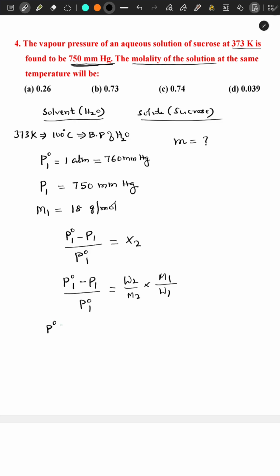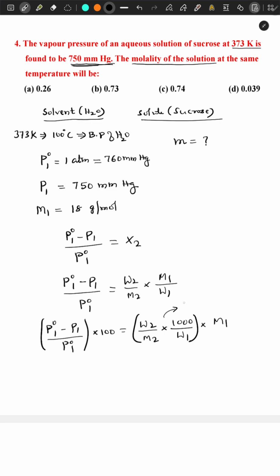So if you multiply by 1000, you will get P01 minus P1 by P01 into 1000 on this side, W2 by M2 into 1000 by W1 into M1. So now this factor can be considered as molality.